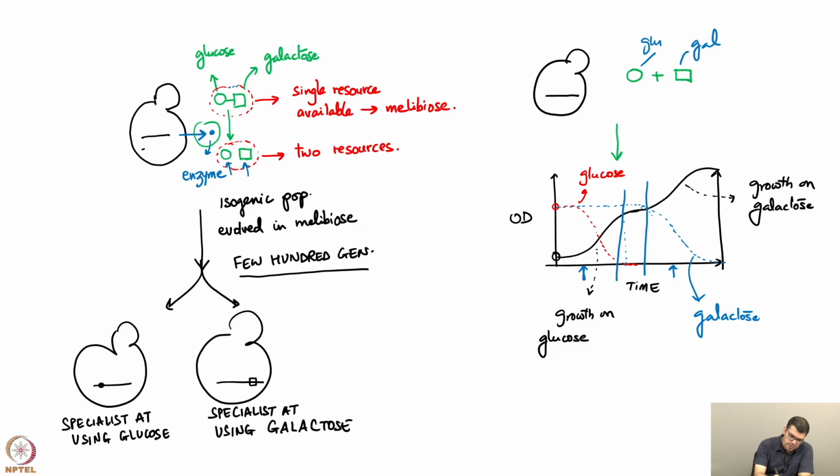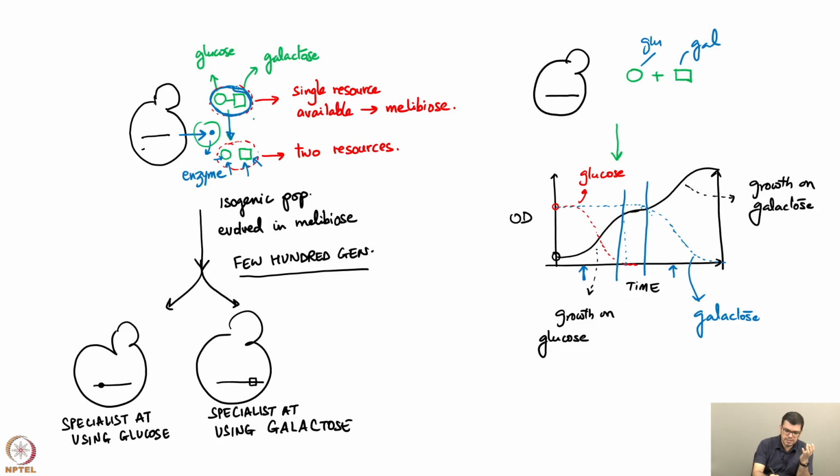Most of the carbon resource is packed away as this disaccharide of glucose and galactose, and this cannot be used by yeast unless it is first hydrolyzed into glucose and galactose. So, at any given point in time, there is a small amount of glucose and a small amount of galactose present.